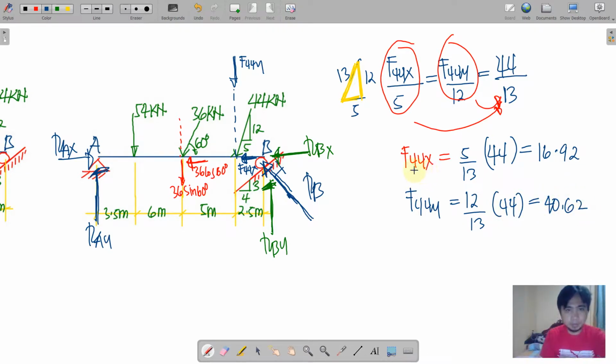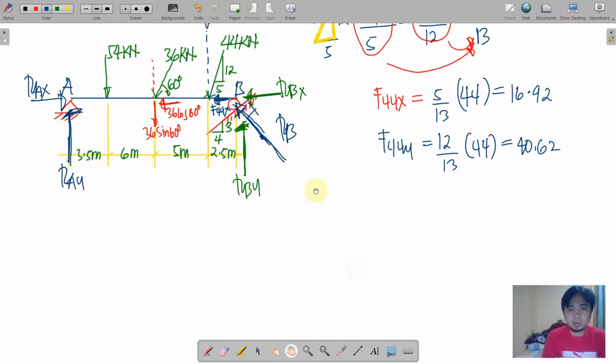Okay, so we all have now the external forces on the beam. So what is left for us to work is the diagonal RB here. So the diagonal RB there will be solved again by the vertical and horizontal slope.